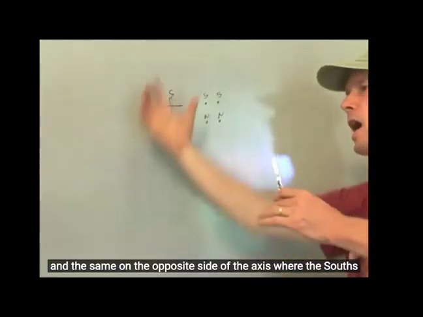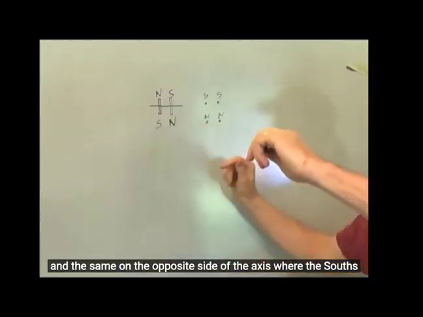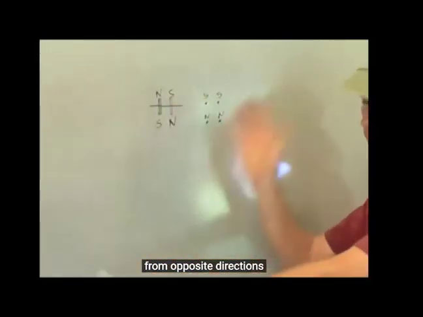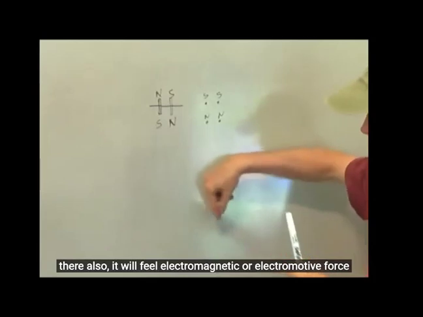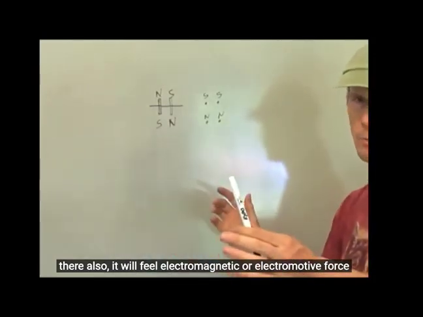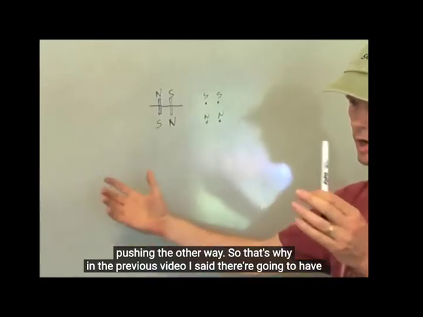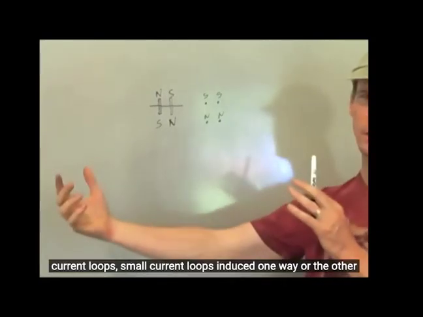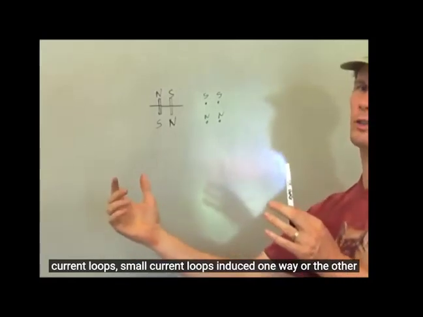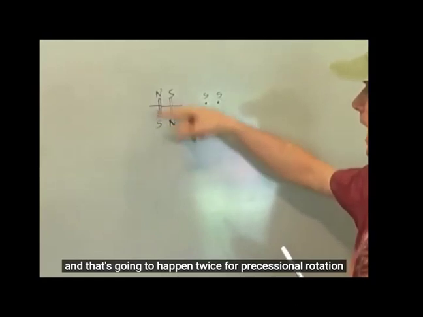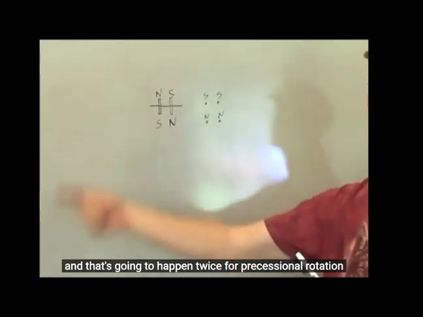And the same on the opposite side of the axis, where the south and the north are crisscrossing each other from opposite directions. There also it will feel electromotive force pushing the other way. So that's why in the previous video I said you're going to have small current loops induced one way or the other. And that's going to happen twice per precessional rotation.